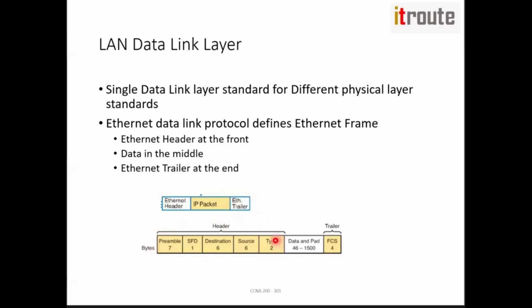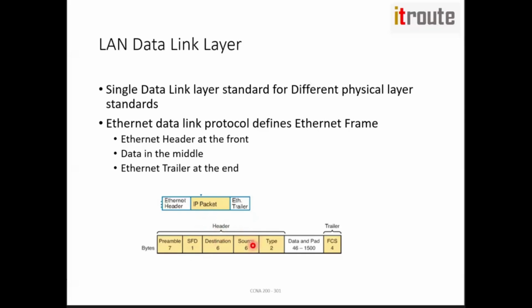In the header, we have some information. Let's say the preamble. The preamble maintains synchronization with another frame. SFD stands for start frame delimiter. This one introduces the destination MAC address. And then we have the source MAC address.